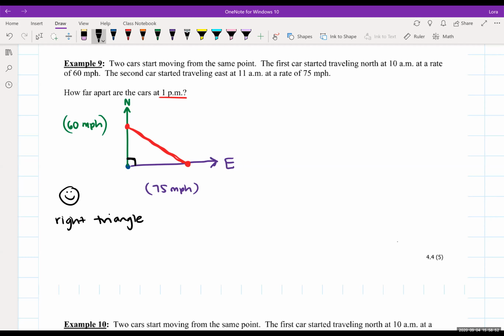I have a theorem that relates all three sides of the triangle. It's a famous theorem. I don't know if you remember the Pythagorean theorem.